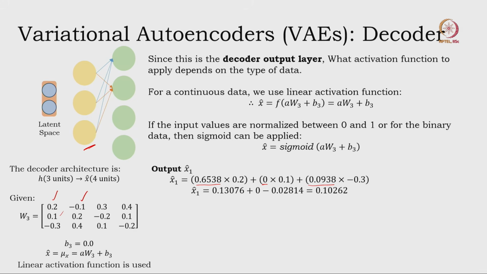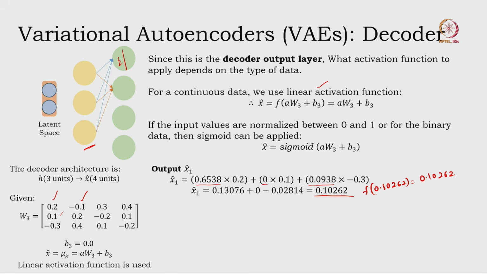That gets multiplied and you obtain 0.10262, and this is the summation term. Now you have to pass it to an activation function, and because the input is considered a continuous value, we are using a linear activation function. What is linear? Even if you pass this value to a linear activation function, you ultimately get the same value.